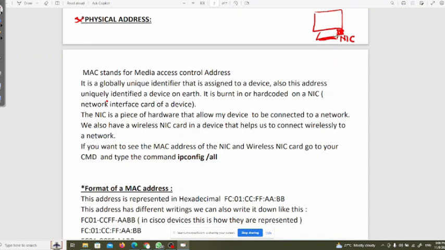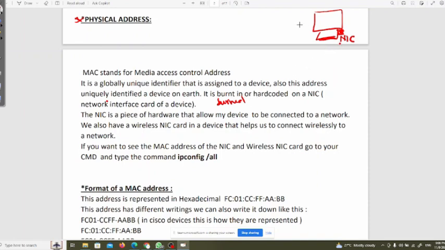We cannot find another device having the same MAC address. So MAC addresses are unique in the whole world, and each one is unique for that device only. That MAC address is burned in, or hard-coded, on the network interface card.